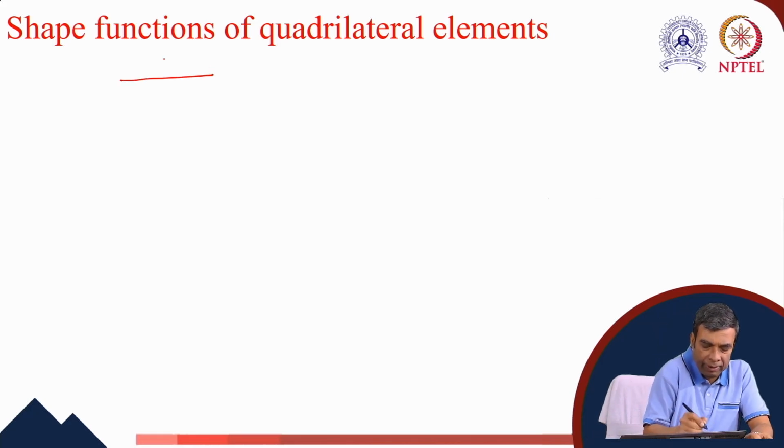So this is a two-noded bar element. Its local nodes are 1 and 2. Its mesh size is delta x.